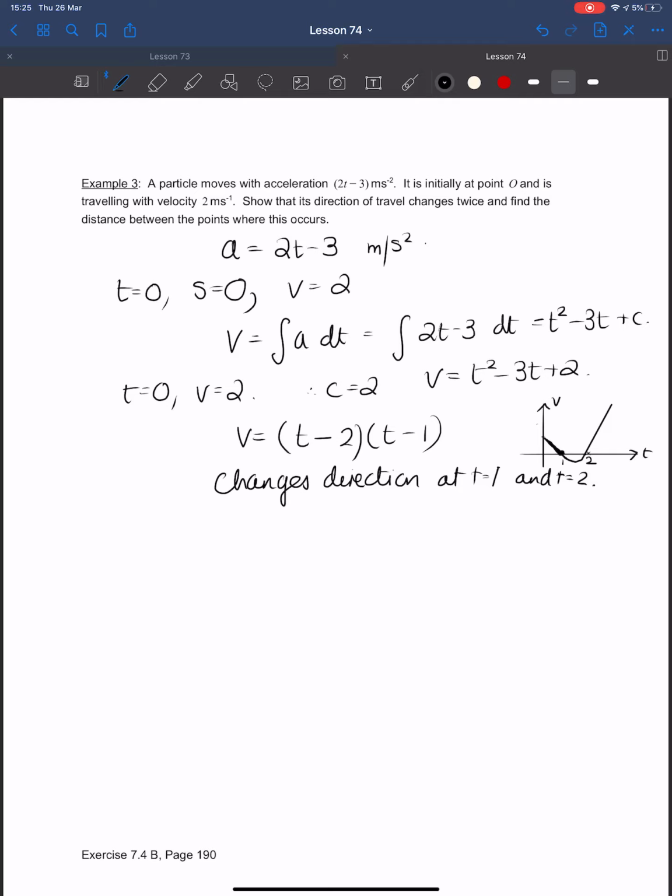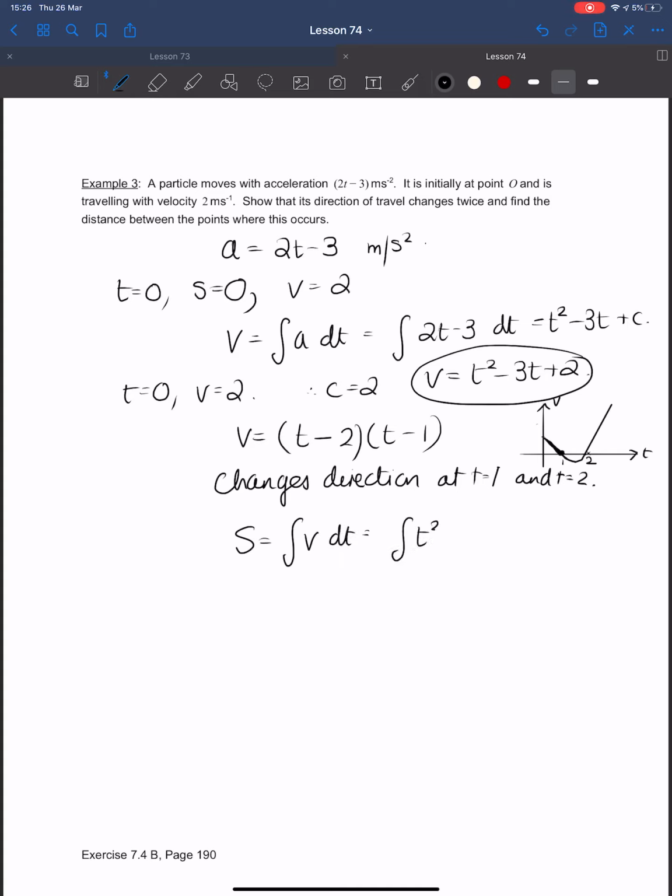Find the distance between the points where this occurs. Okay, so what we need to do is we've got to find S when t equals 1 and t equals 2. So let's go back to v is equal to this. S is the integral of v dt.